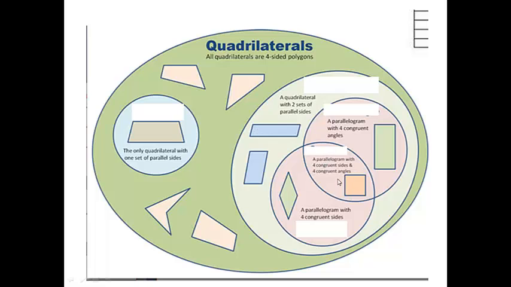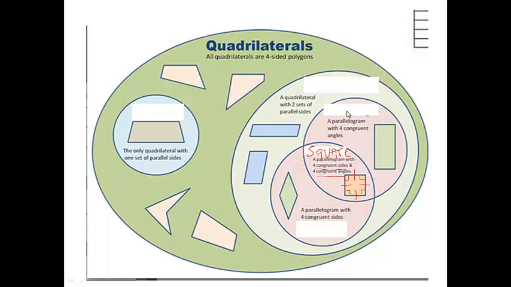What is this shape? You probably learned this in 2nd grade. All sides are equal, and all angles are 90 degrees. What shape is this? Very good, square. You've learned this in like 3rd grade, so we should know what a square is and all the characteristics of a square: 4 congruent sides, 4 congruent angles.